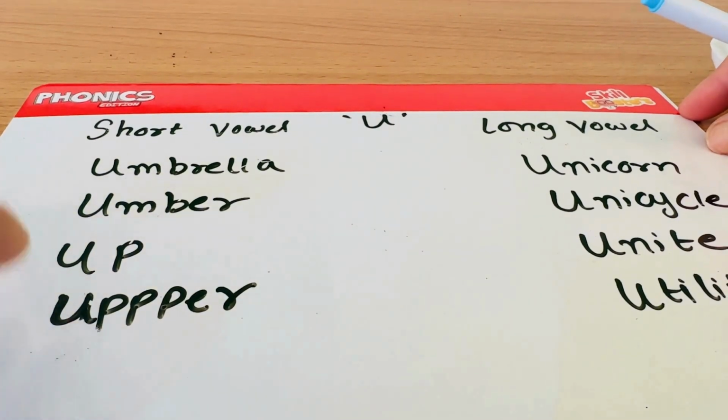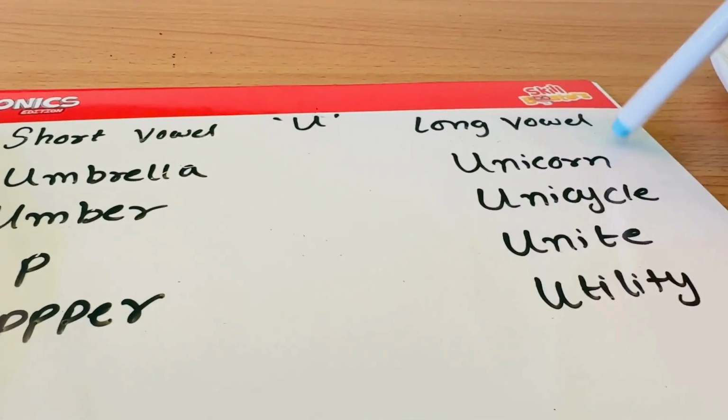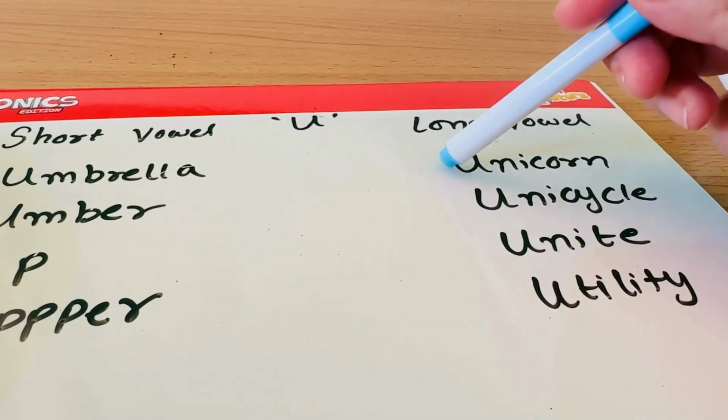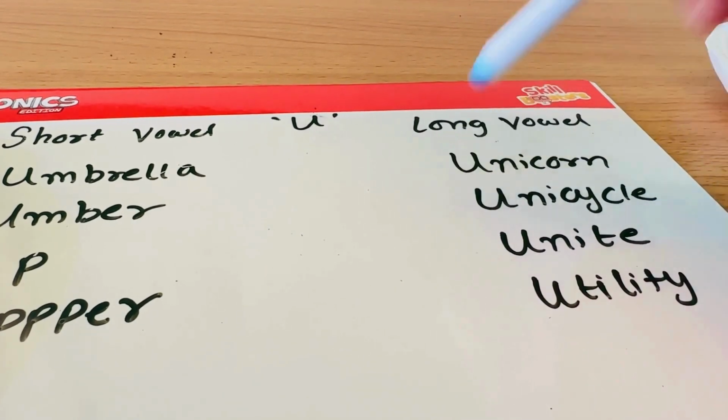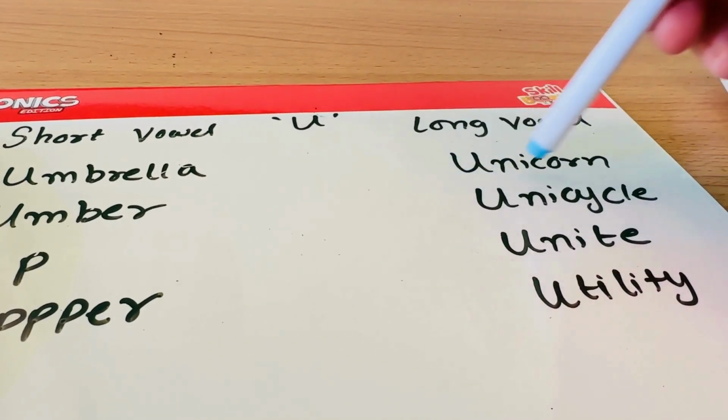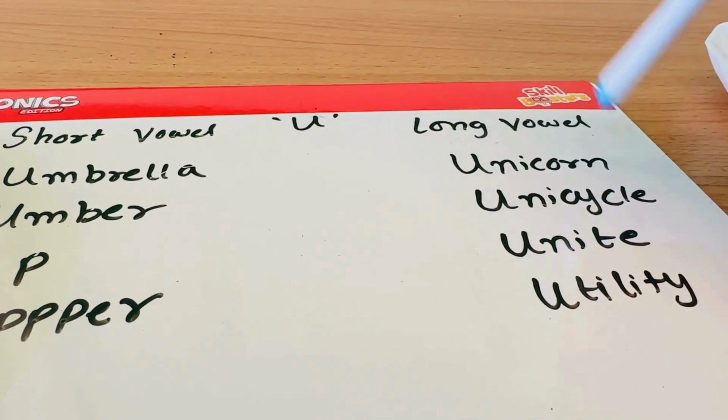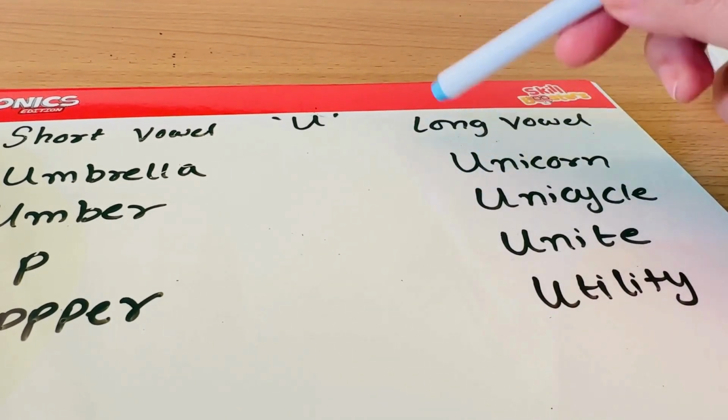We are not stretching too much on the beginning of the word or the letter sound. But in long vowel, we are going to stretch. We are going to produce the original sound at the beginning. U, unicorn. Can you hear the original sound of letter U?